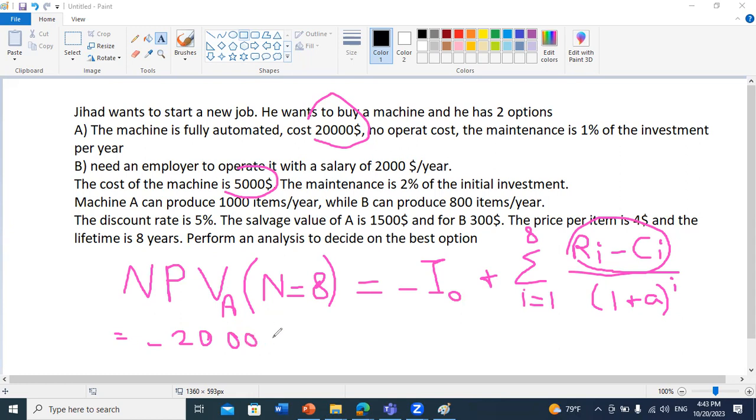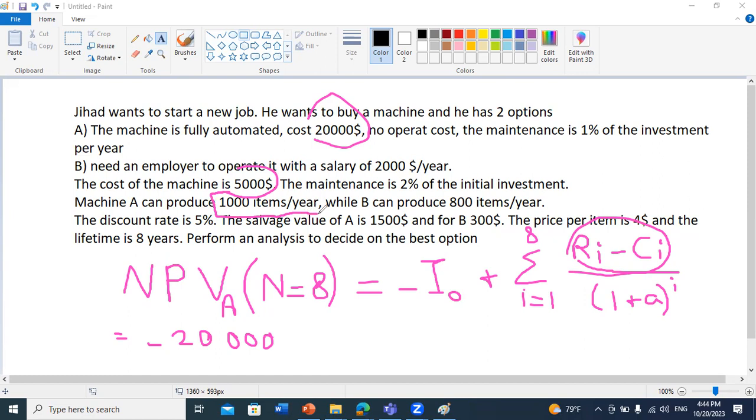Now, concerning the income here, for A, what will be the income per year? So which information should we use for A? What is the income per year? They told us that machine A can produce 1,000 items per year.